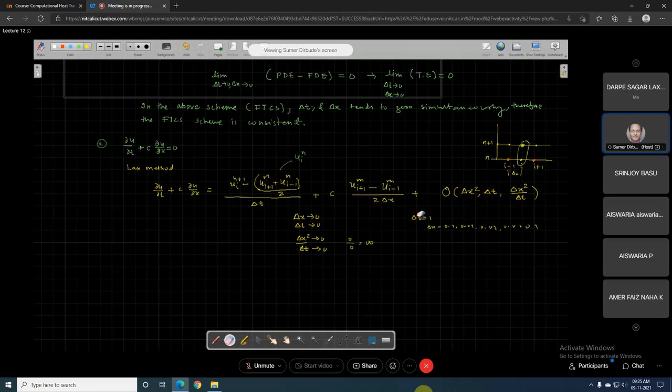So delta x square by delta t cannot be simultaneously made 0.